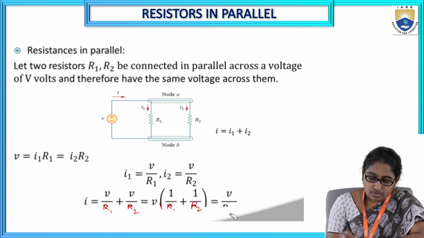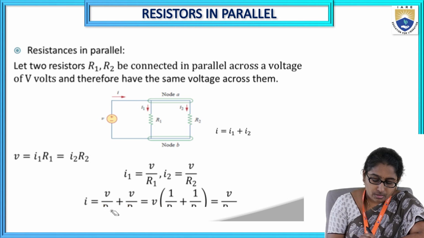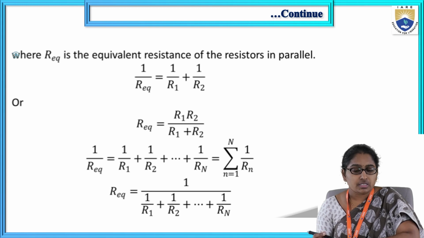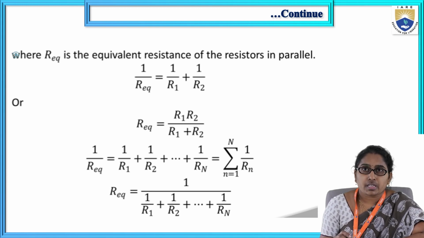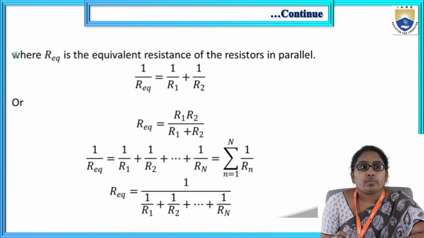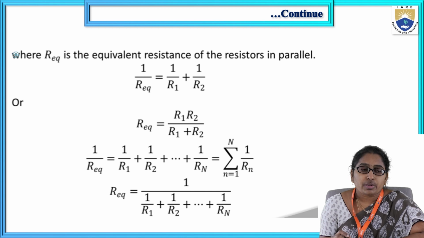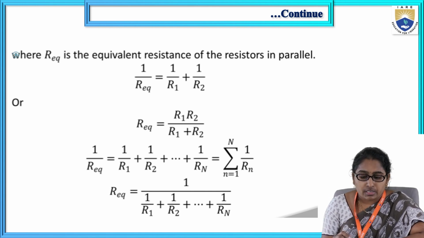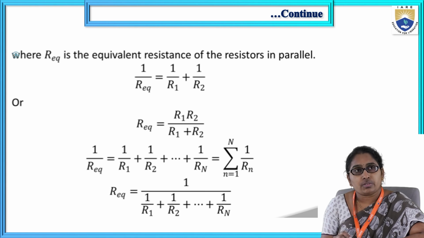Continuing, cancel the similar term on both sides, V gets cancelled, so we get 1 by R equivalent equal to 1 by R1 plus 1 by R2. This is the equivalent resistance expression when two resistors R1 and R2 are connected in parallel.